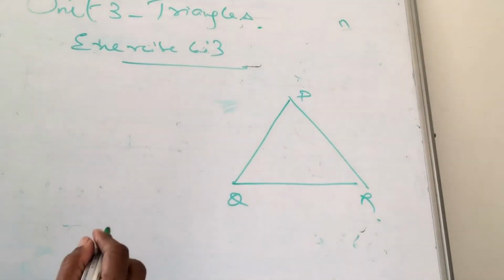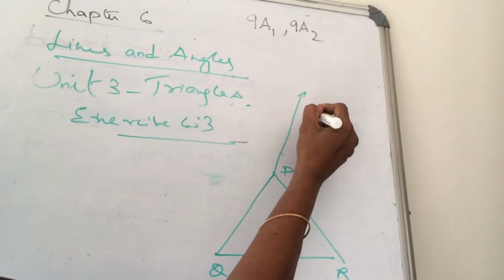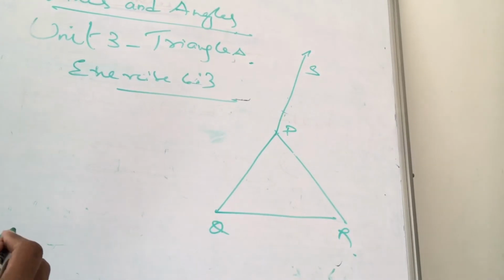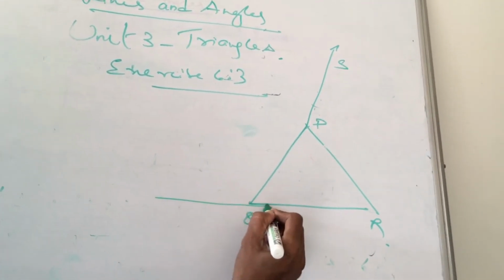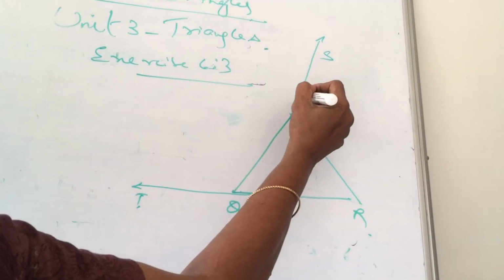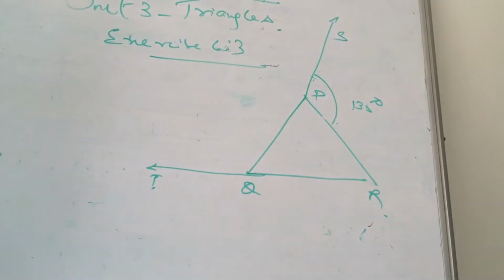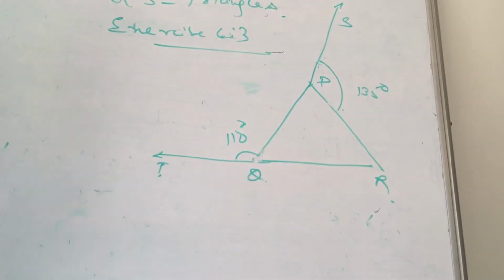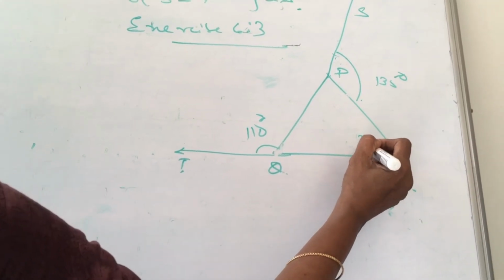PQ is produced to S. QR is produced to T. Angle SPR is equal to 135 degrees. Angle PQT is equal to 110 degrees. Find angle PRQ. This is what you are asked to find.